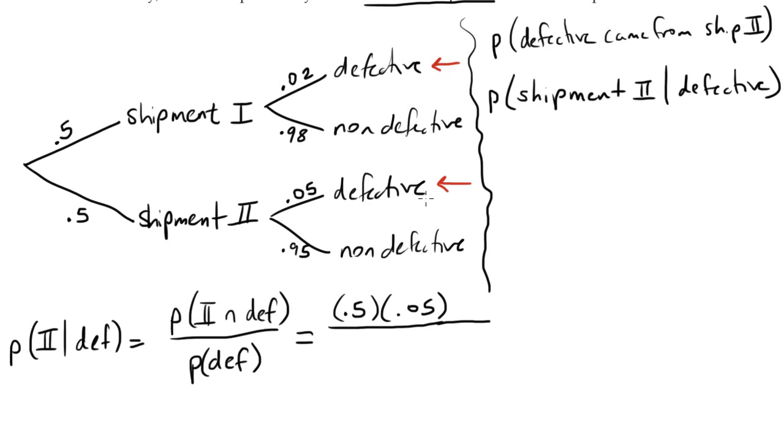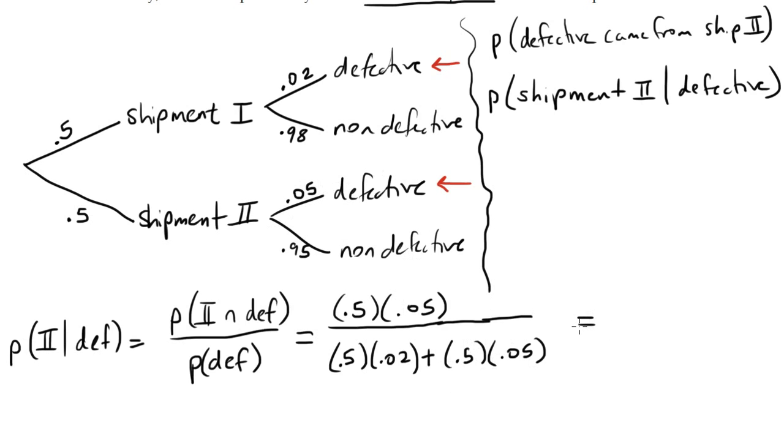So here's defective from shipment 1, and I'm going to express that as a probability here. Defective from shipment 1 or defective from shipment 2. That's the only way a product can be defective.